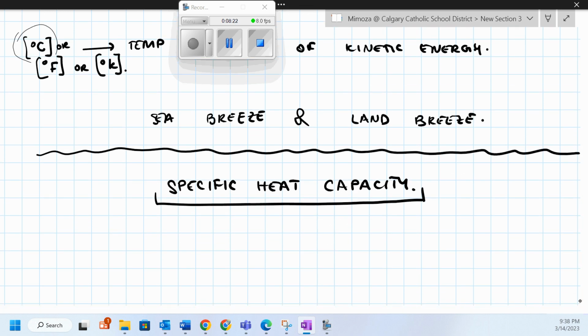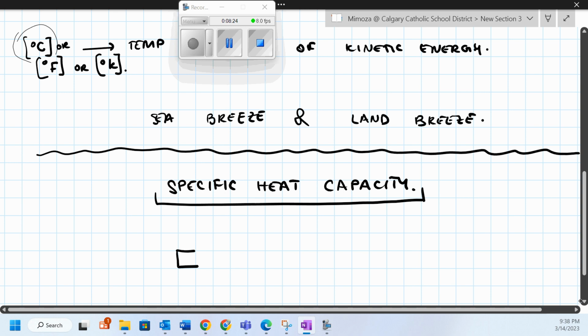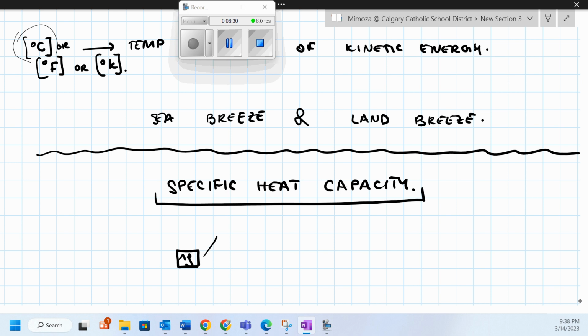If you have 1 gram of material, and you are either increasing or decreasing, it doesn't really matter, the temperature of those particles by 1 degree Celsius, then the heat that is absorbed is measured in joules, as we said prior.